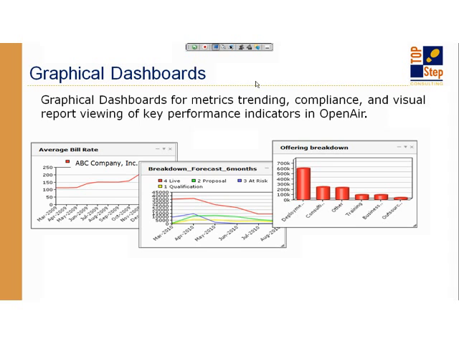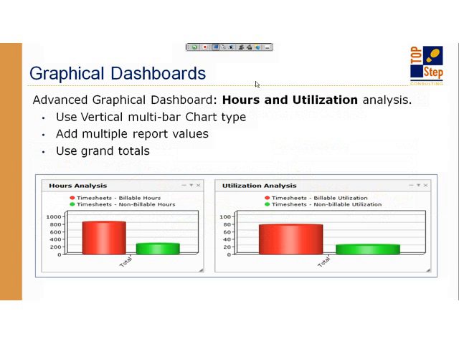So let's take a real typical one that we see quite often in graphical dashboards, and that's hours and utilization analysis. And even in this simple example, we're using actually the OpenAir standard fields of billed hours and unbilled hours. Now, many of you on the phone or attending this webinar or listening to this webinar may not be able to use those direct standard fields, and I'll show you a way that you can actually create your own versions of those fields.